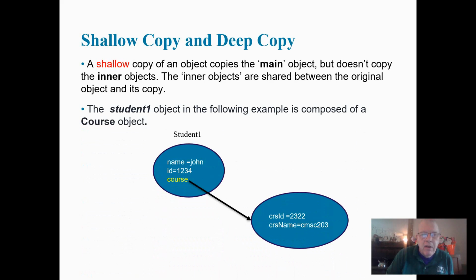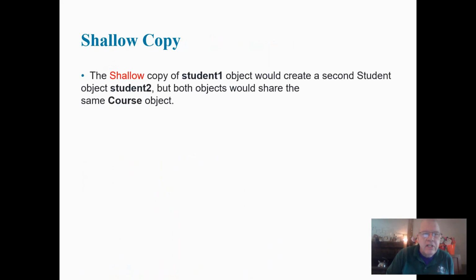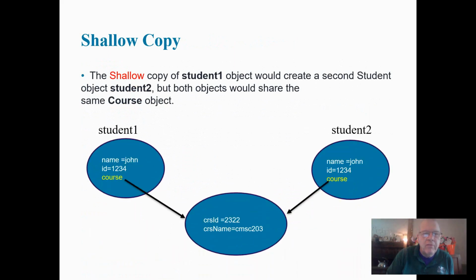The course is an object that has two fields in it: course ID and course name. A shallow copy creates a second student object, student2, but both objects share the same course object, so it's like this.